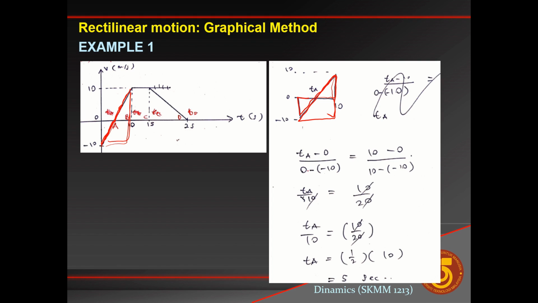Ta minus 0 divided by this one, which is 10 minus 0. The time is 10, minus 0 here, because we have this delta x divided by 10 minus 0. So x divided by y here, and then I have this small x divided by y. By using this, I can have ta equal to 5 seconds.